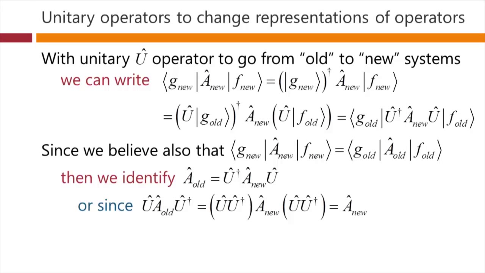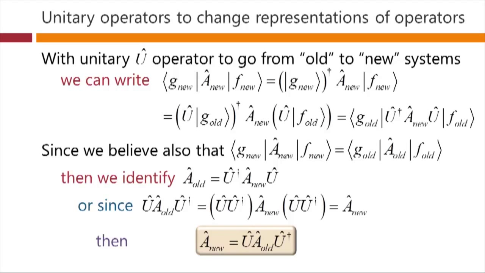So simply rewriting that then, the operator on the new coordinate system is related to the operator on the old coordinate system in the following way. Incidentally, we can understand this. So now we're talking about an operator in the new coordinate system. Therefore, if we're coming along with a vector in the new coordinate system and we're multiplying by the u dagger here, what this u dagger is doing is taking our vector in the new coordinate system and turning it into one in the old coordinate system.